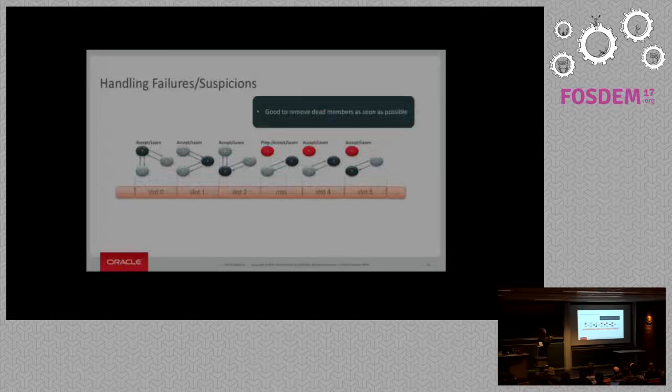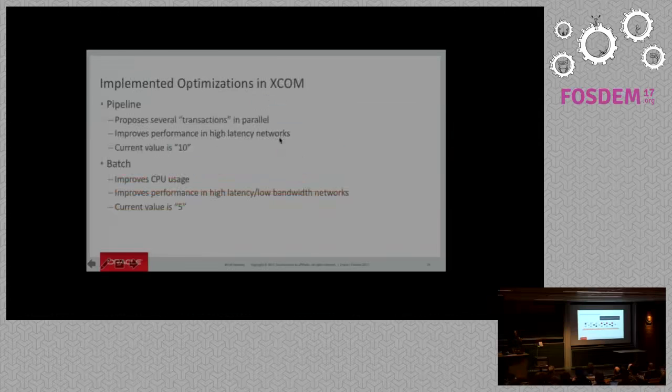So in our thin layer, we immediately expel a node when a node fails. Otherwise, every time we'd have to run the full Paxos implementation to get an agreement for that slot.